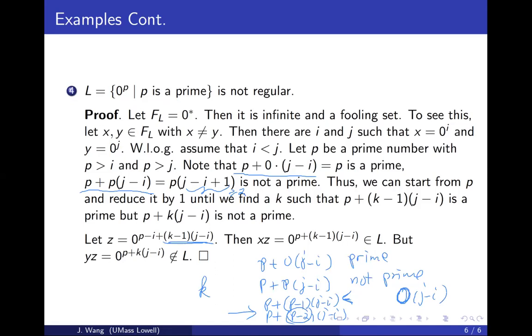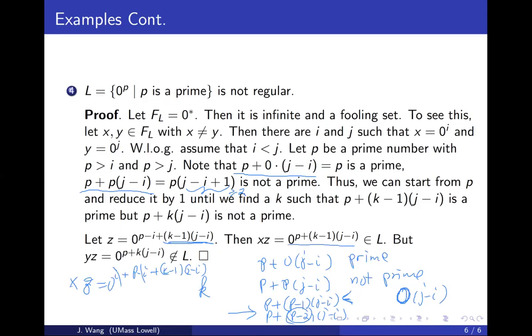So x is equal to 0 to the i. So xz is 0 to the i plus p minus i plus k times j minus i. So this i is canceled, and that is equal to 0 to the p plus k times j minus i.